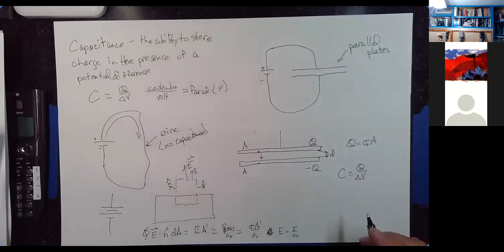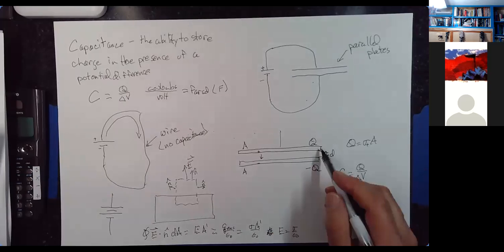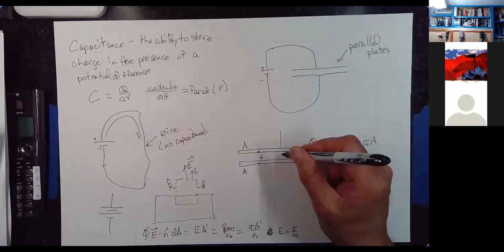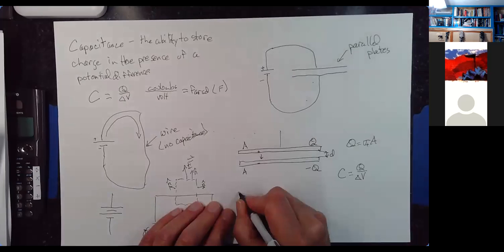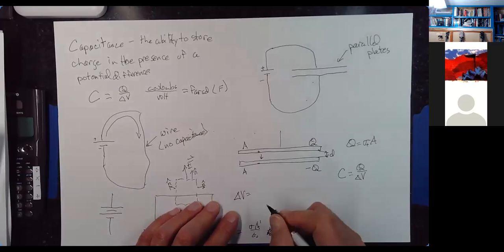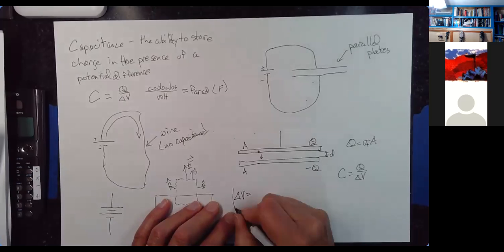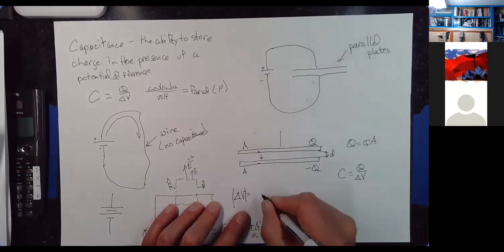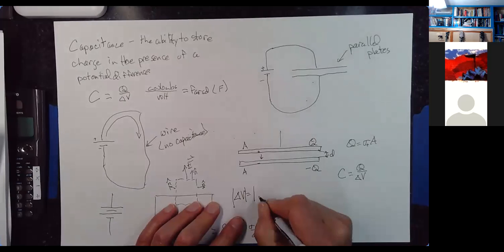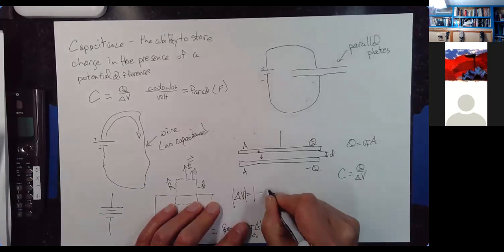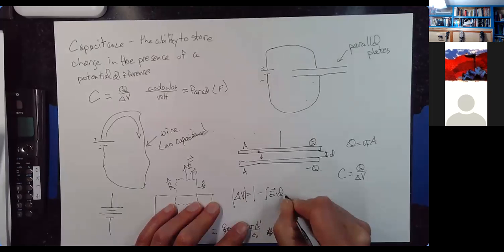Okay. The potential difference between these two, when you have a uniform electric field, remember delta V in general is going to be, and we'll talk about the absolute value of it, the absolute value of the negative integral of E dot ds.